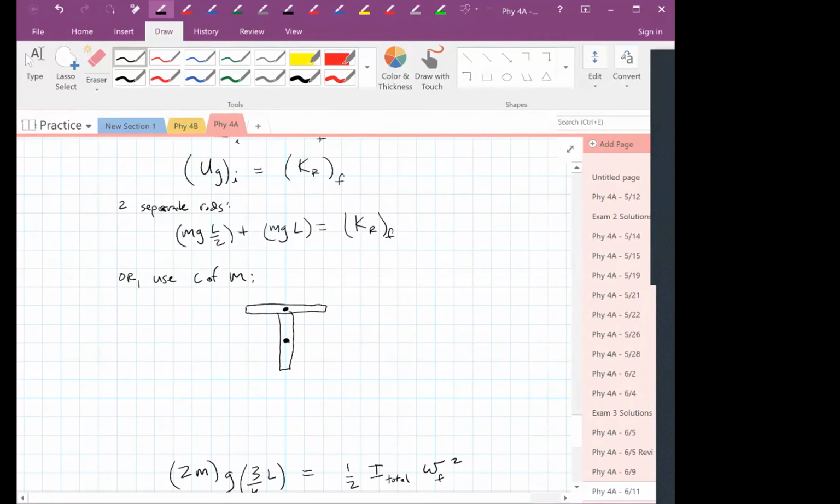So if this is y equals 0 here, then this would be m, and this would be m, and this would be y equals L over 2, and this would be y equals L. M times L over 2 plus M times L all over 2M.